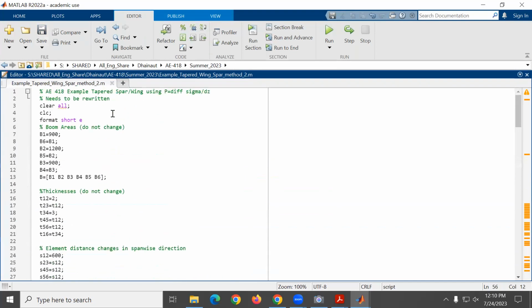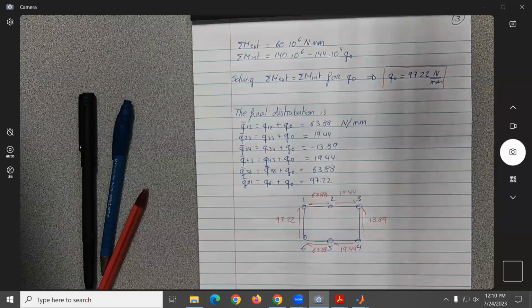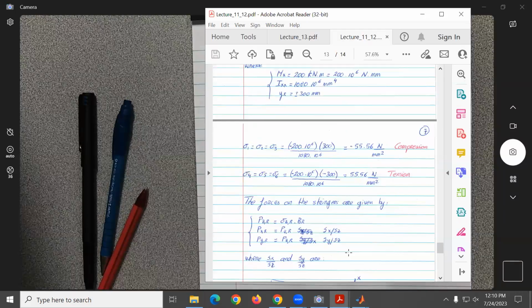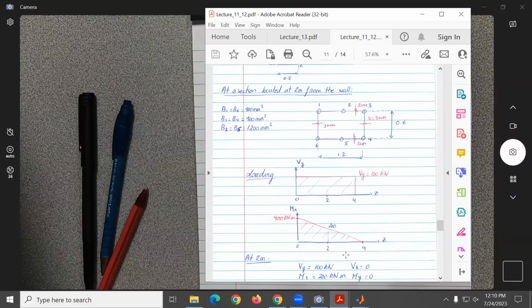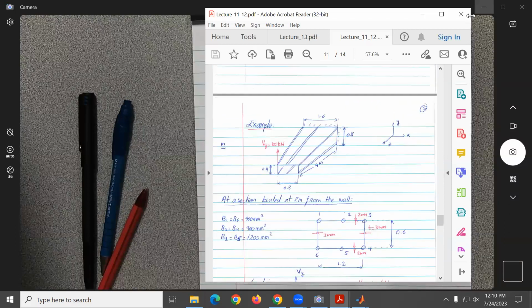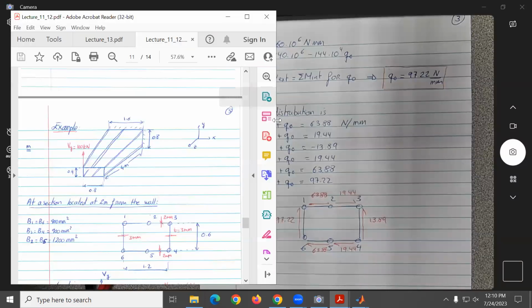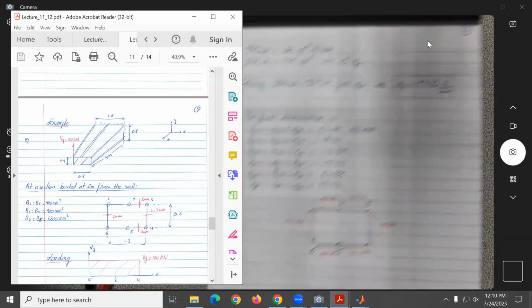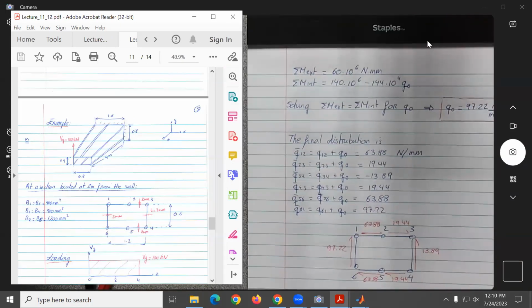Let's go for the second one. For the second one, let's go through the figure again a little bit. So if you remember the procedure, here we go.